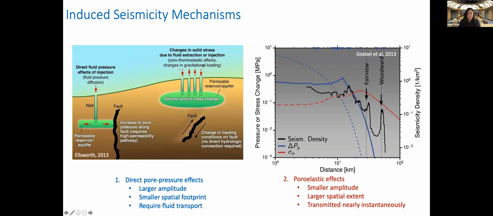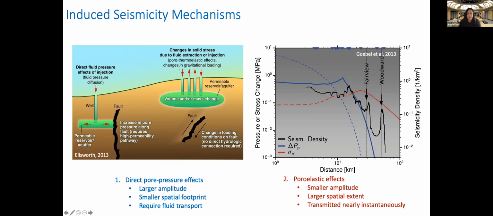And as we just heard, the direct pore fluid pressure effects are dominant, as shown by this blue line in the near field, so up to a couple kilometers away from the fault. But the direct pore fluid pressure effects really only affect the normal stress acting on the fault. Conversely, we have these poroelastic effects that are given by the red line that are dominant in the far field, but they act on both the shear and the normal stress components.